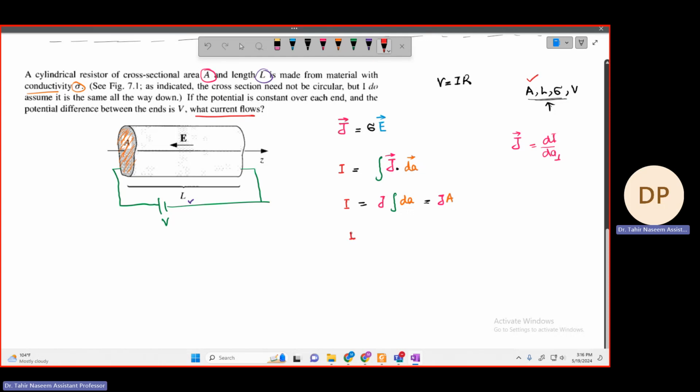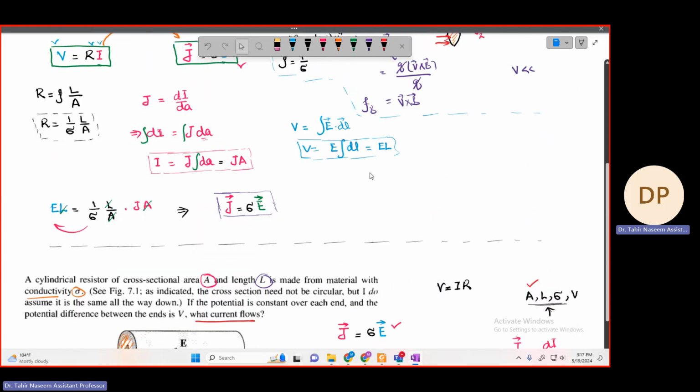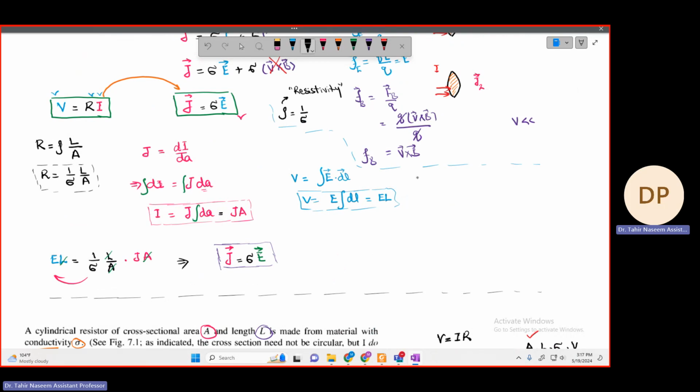Using Ohm's law, we can write I is equal to J times A. Now I know J is equal to sigma E, so I can write sigma E, the magnitude, times A. So I is sigma A E. From this equation, I can write E is equal to V by L, for a uniform electric field.